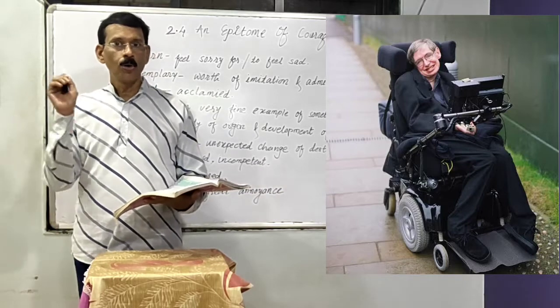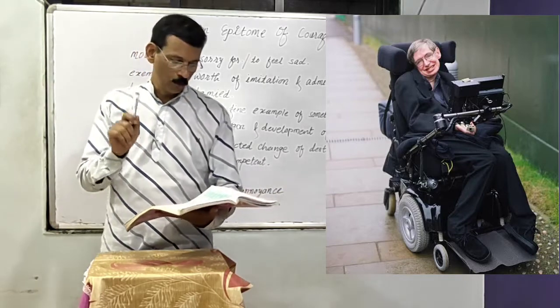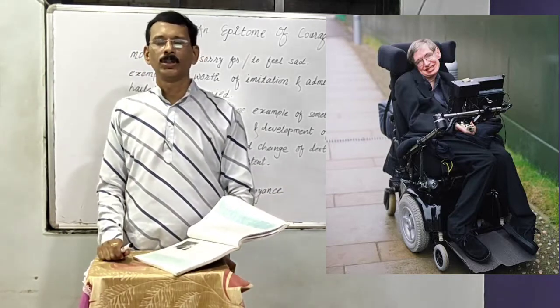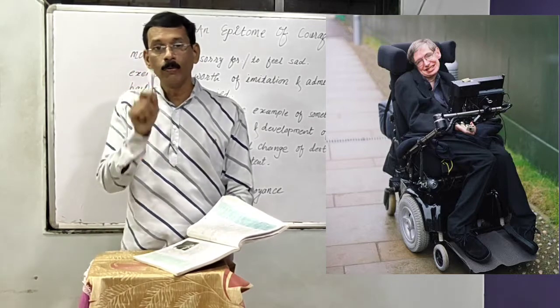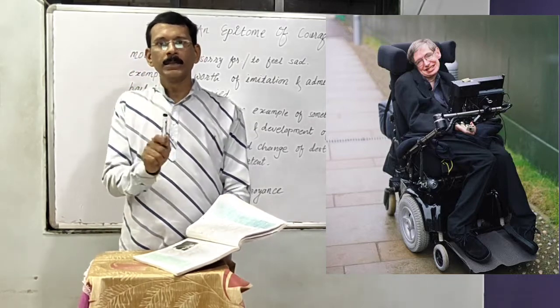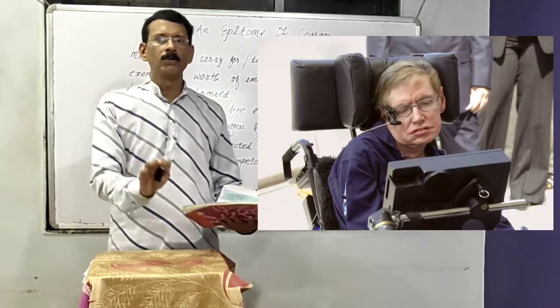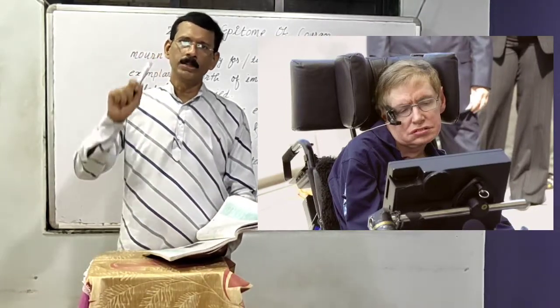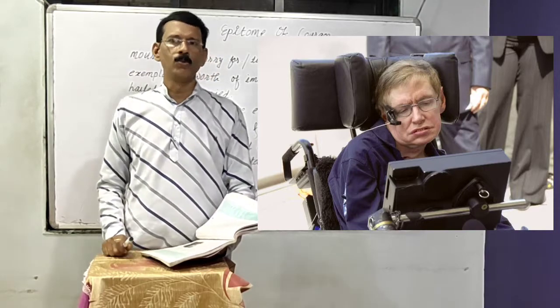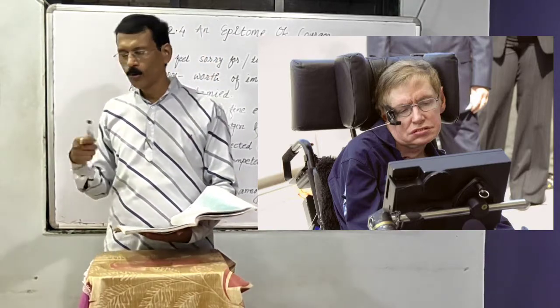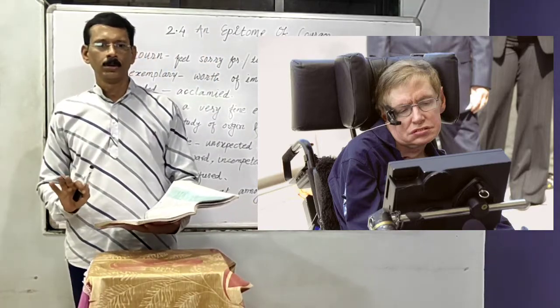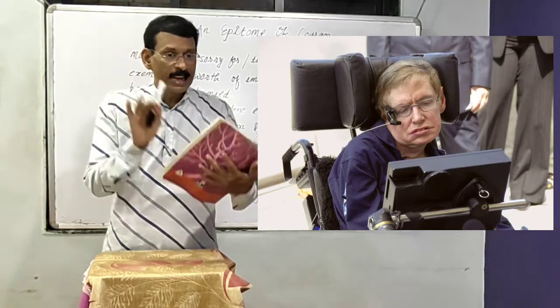Because his whole body is bound to a wheelchair. His whole body is bound to a wheelchair means he was unable to move. Only his mind was free to move. His body could not move by itself.